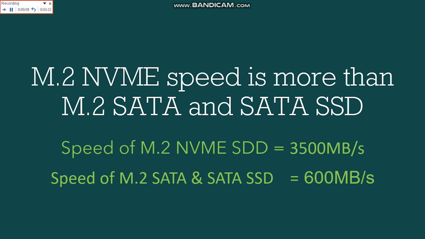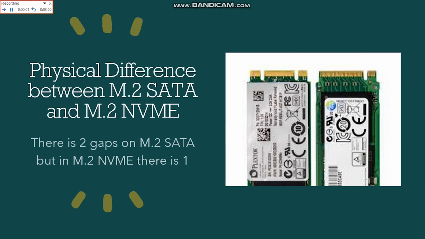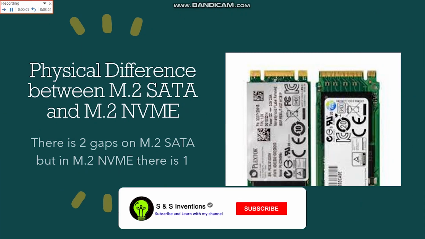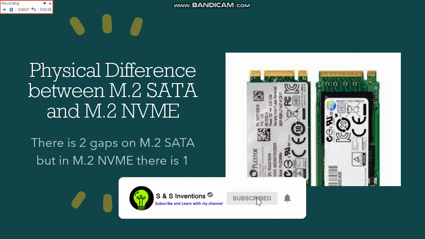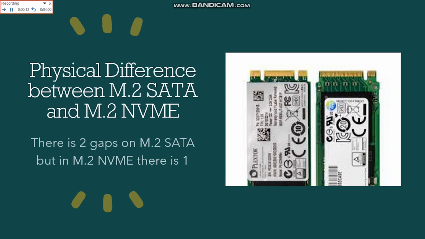Speed of M.2 NVMe SSD is 3500 MBs. Speed of M.2 SATA SSD is 600 MBs. Physical difference between M.2 SATA and M.2 NVMe: there are two gaps on M.2 SATA, but in M.2 NVMe there is one.